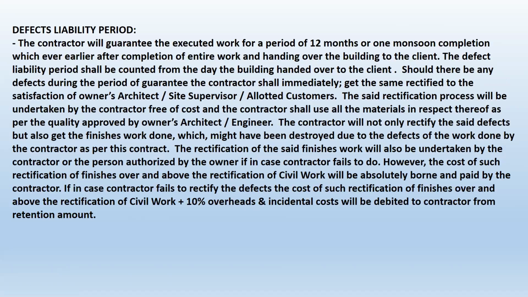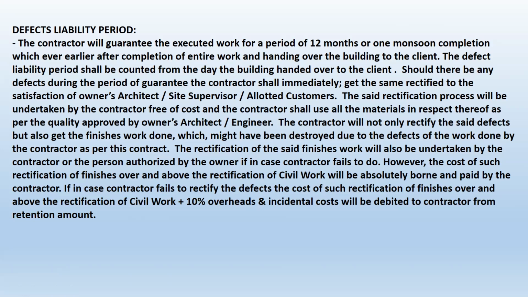Then comes the defect liability period. Whenever the project is over, there might be some errors in the project. It might cause a lot of problems for the occupier. So for a certain time, you have to make the contractor liable to rectify these defects. It should be 12 months or one monsoon. That is totally dependent upon the management.